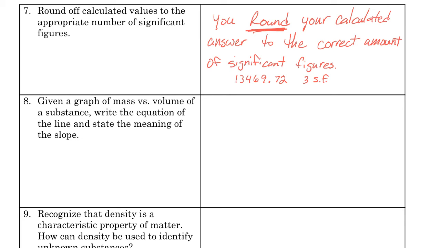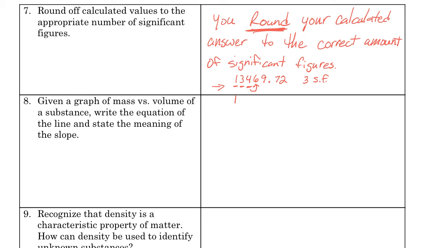So a decimal is present, so I'm going to start on this side. Here's my first significant figure. Here's my second one. Here's my third one. I need 3 significant figures, so I have to look to see what is the next number that's behind that. The 4 is followed by a 6. So we use regular rounding rules. If it's 5 or more, it's going to cause that 4 to become a 5.